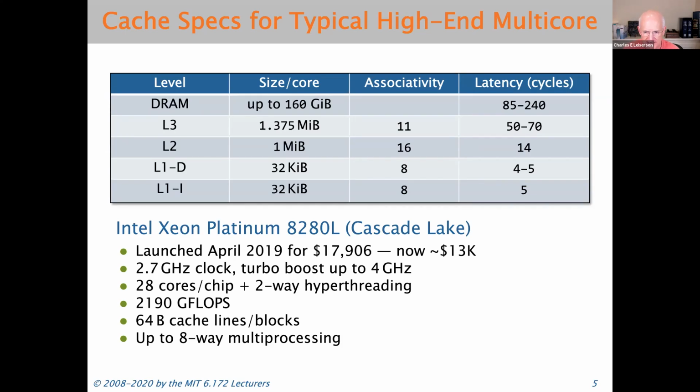It takes about 3 times longer to fetch from L2. And going to L3 takes 4 or 5 times longer than that. And if you miss cache completely, another factor of 3 more to fetch from DRAM.